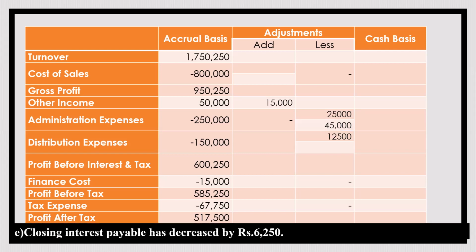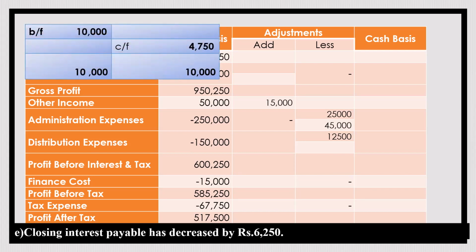Then the next one. Closing interest payable has decreased by 6,250. So let's see the interest account. Now in the interest account, earlier we had 10,000. Now it has been reduced to 4,750.